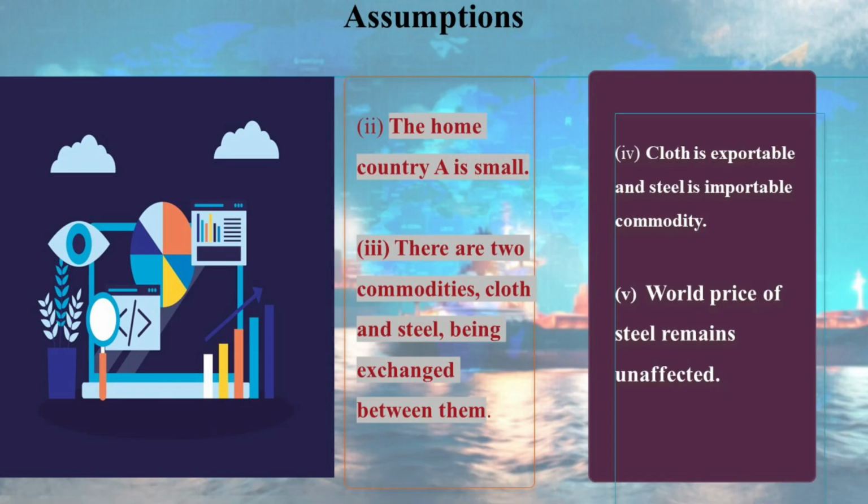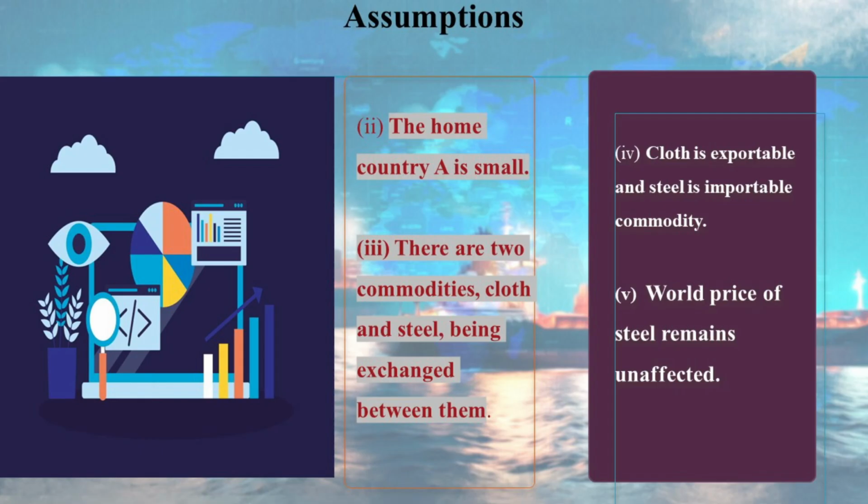There are two commodities, cloth and steel. So we are considering two countries and two commodities. A is our small country, B is our large country. There are two commodities, one is cloth, another is steel, being exchanged between them.